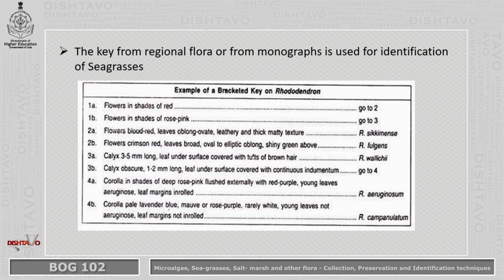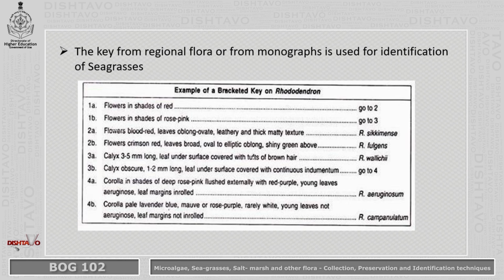For identification, there are standard mangrove floras, mostly seagrass floras. There are standard monographs and floras available which can be used for identification.